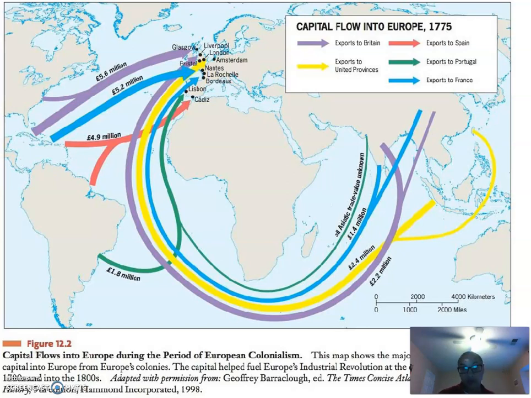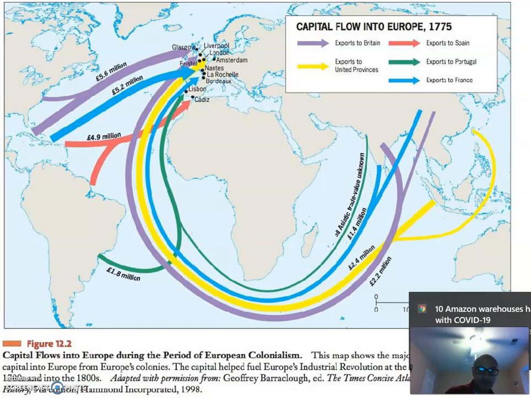And that wealth was used to fund investors. When you're looking at where that capital was coming from into Great Britain, so much of it was coming from colonization in so many ways. The wealth that was used to fund investors was really coming from colonization in the first place.